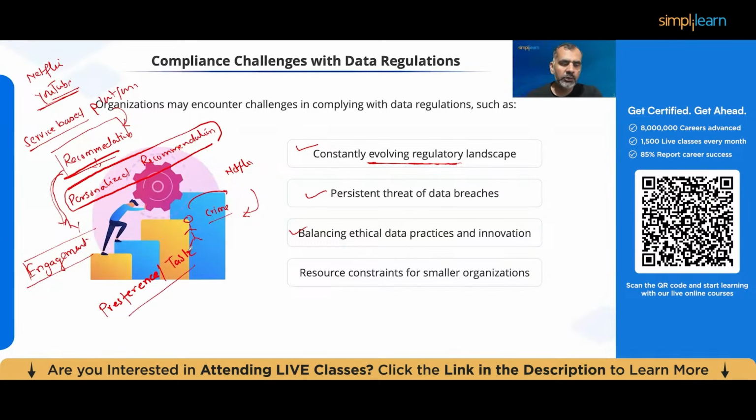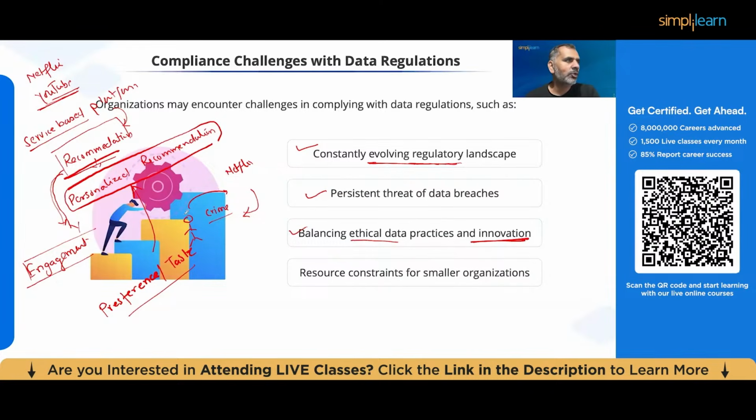In that way, the user spends more time on the platform. This is what we call a personalized recommendation. But this will only be possible when the platform knows more about the user. So this is where we talk about balancing ethical data practices and innovation.